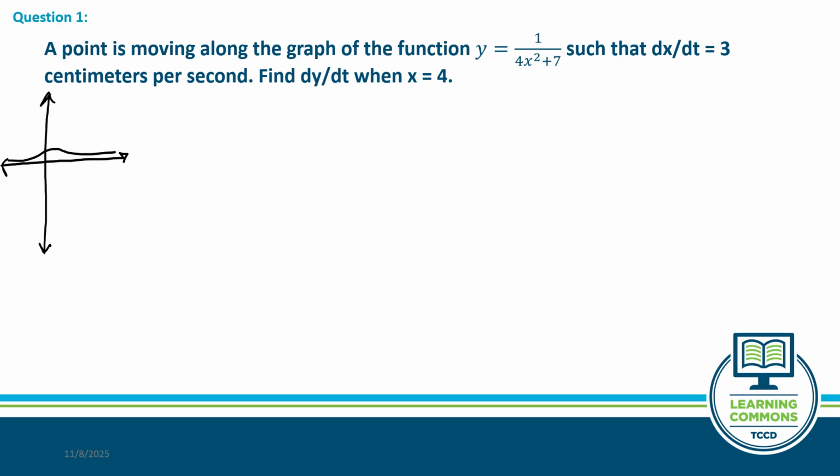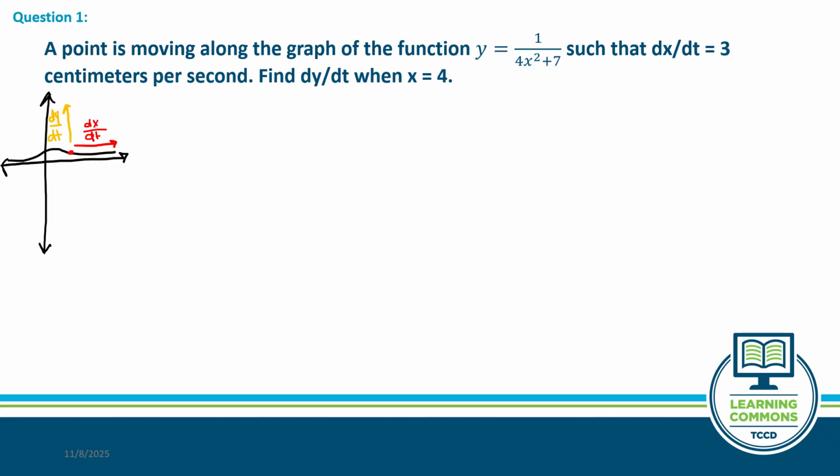Additionally, based on the problem, you have a point and it is moving in this direction, the dx/dt direction. And as it moves in this direction, you are experiencing the dy/dt direction. So that's kind of it for the drawing.